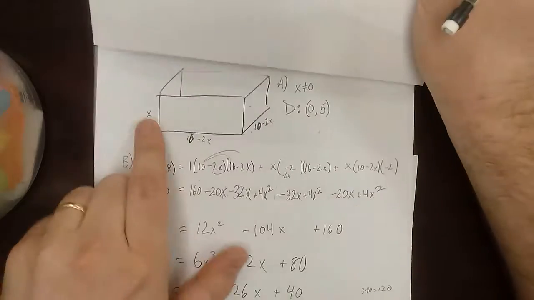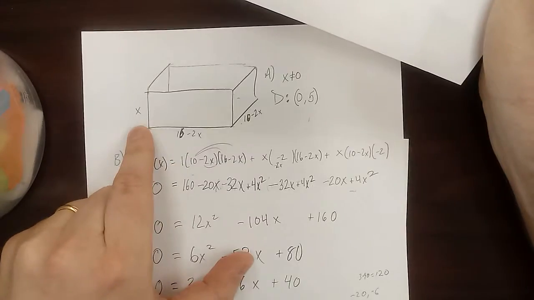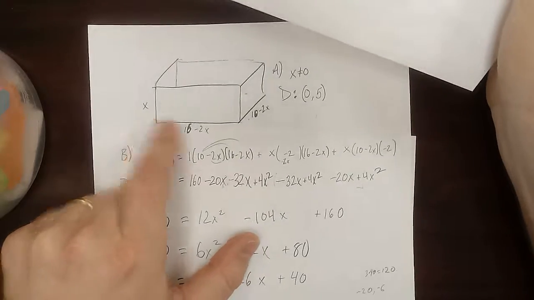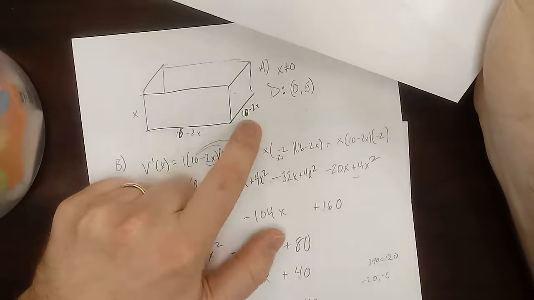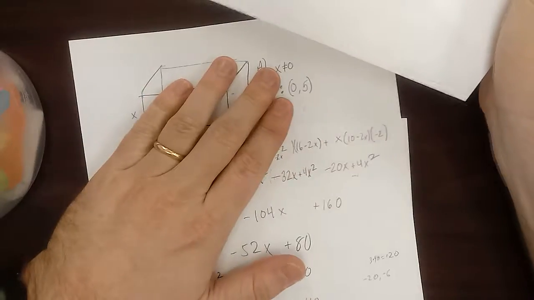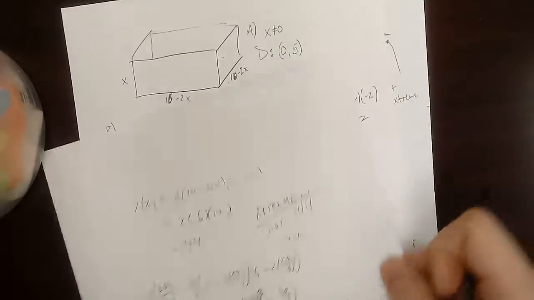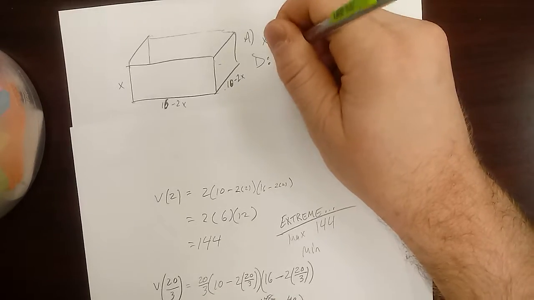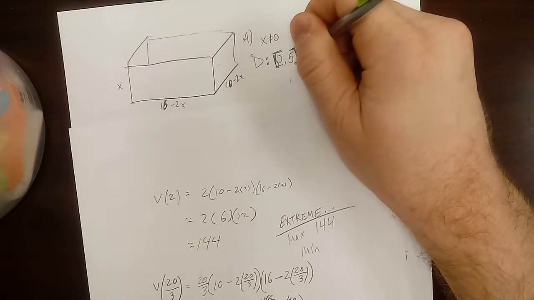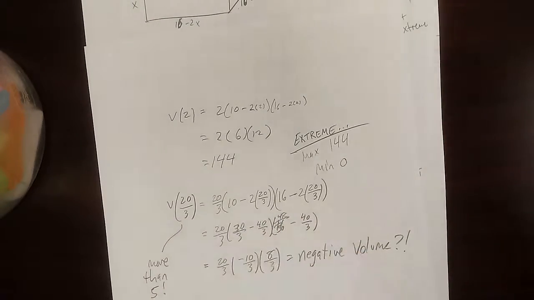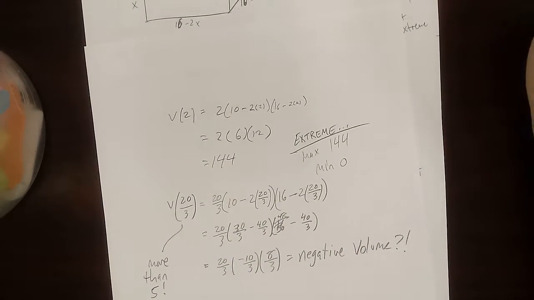So if we go back in and try plugging in 0, I mean, we have an invisible box then. And if we try plugging in 5, we have an invisible box because those cancel out. So I could have an invisible box so it can be 0, and I could have an invisible box so it can be 5. So our volume is somewhere between 0 and a max of 144.